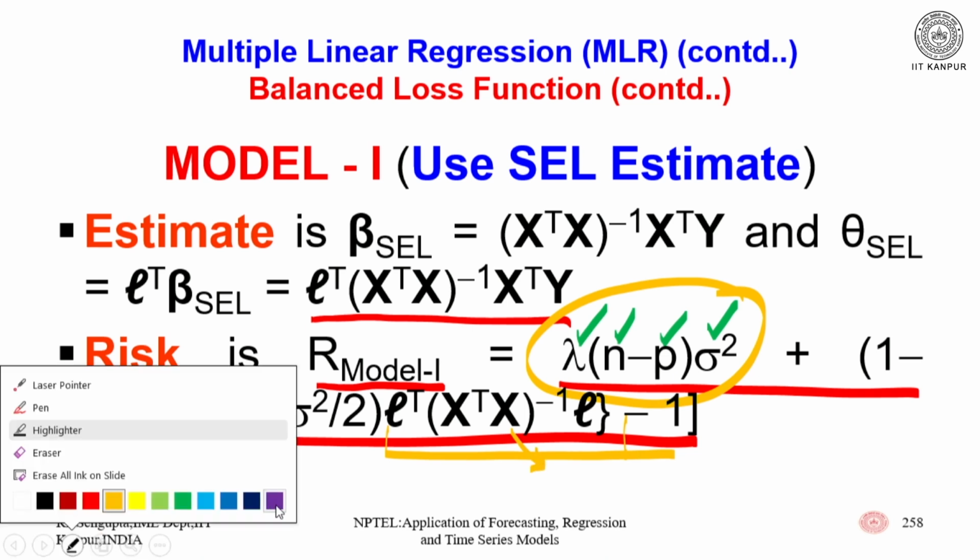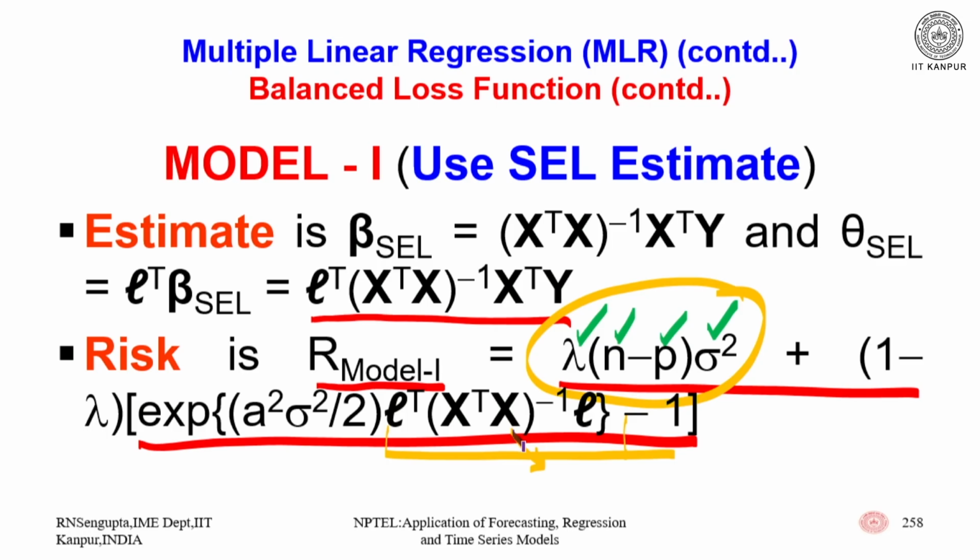If I use X, it has a size of n cross k, X transpose has a size of k cross n, then L transpose has a size of 1 cross k, and L has a size of k cross 1.